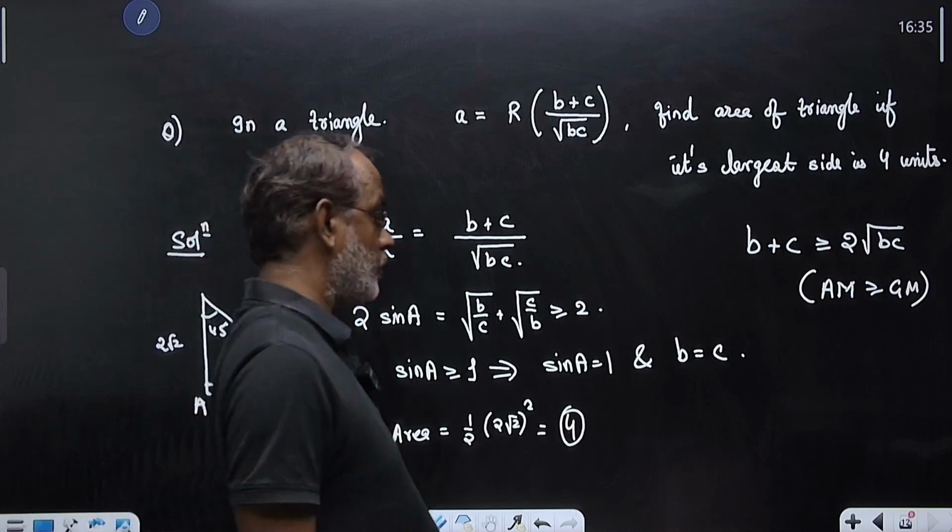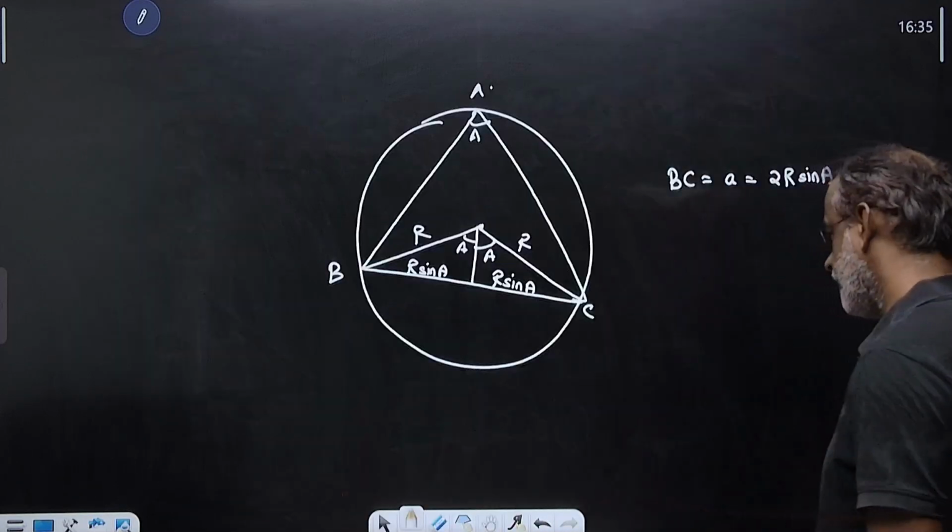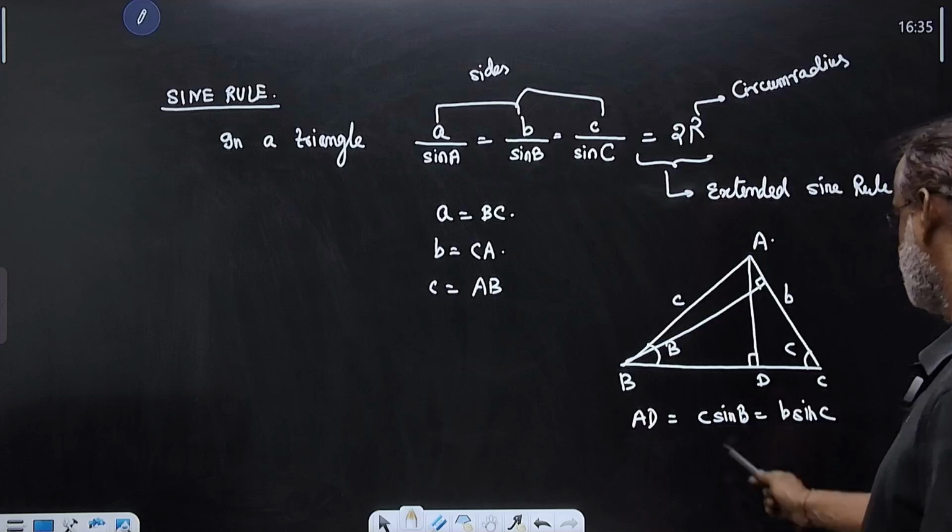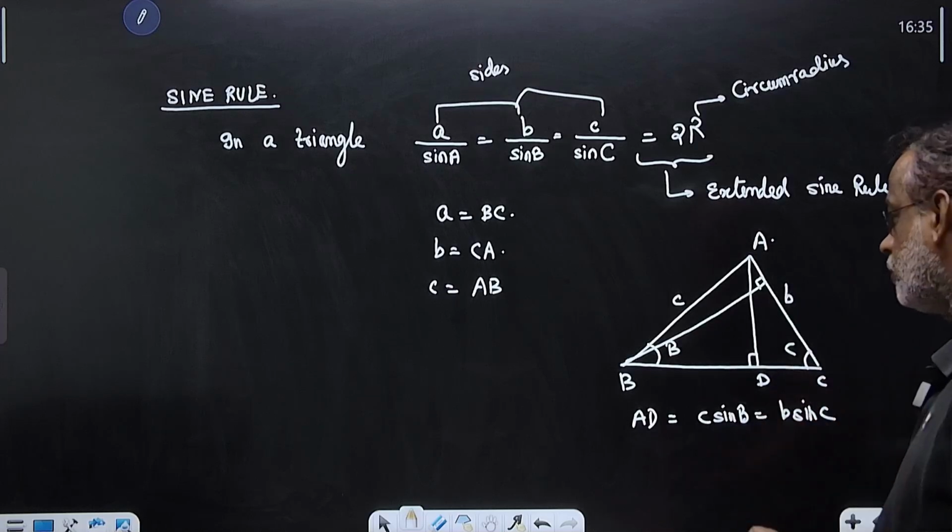From sine rule also you can possibly understand, as we did in the proof here. c sine B is the altitude and this is the base.